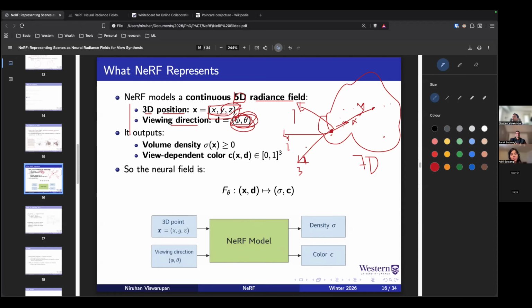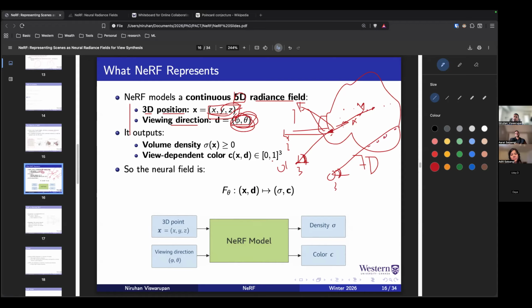So if you fix XYZ and change angles, you get these different views. If you fix the angle and you change XYZ, you get different things. But this is with respect to a fixed origin, O1. If you take O2, then you can have the same angle as this, but different XYZ along this line.